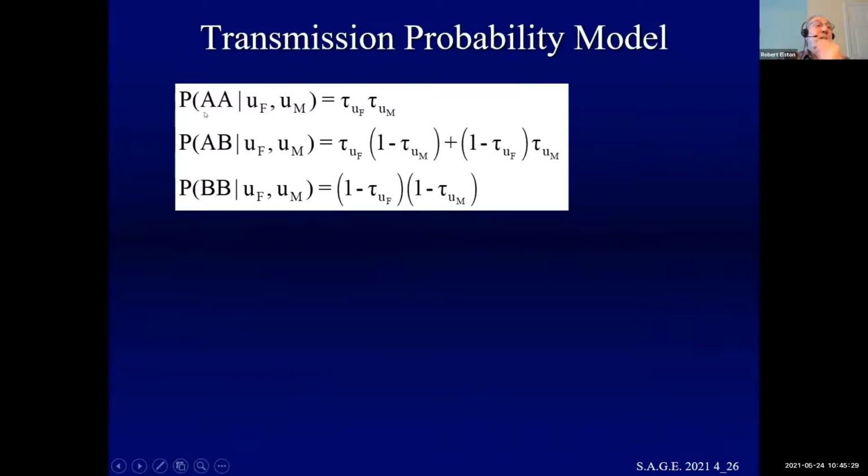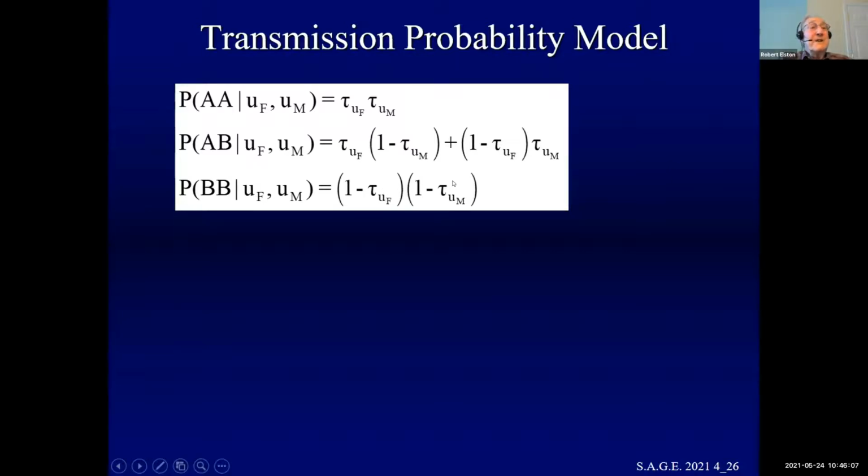Okay. So the transmission probability model is like this. Let's suppose we have just two alleles, A and B. The probability of this given the parents is the probability the father transmits an A and the mother transmits an A. And the probability that B is transmitted is 1 minus the probability of an A being transmitted.